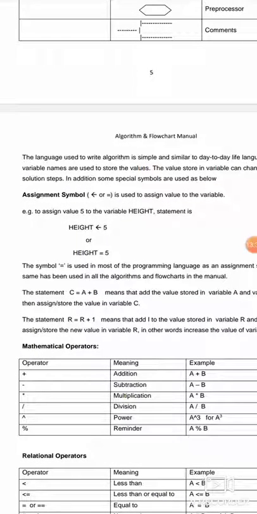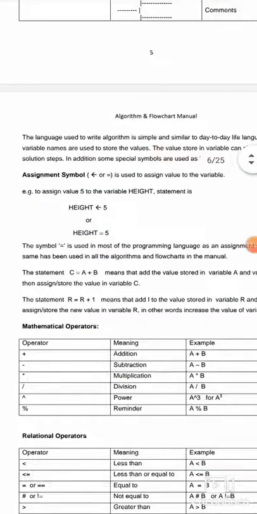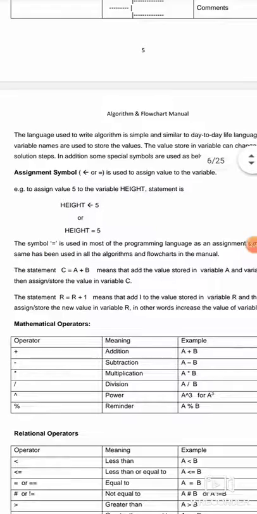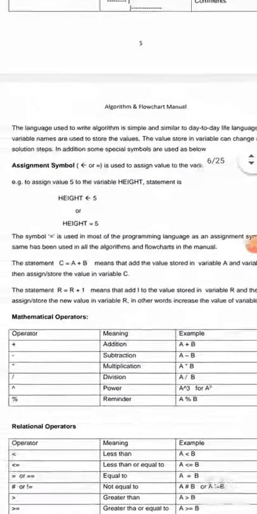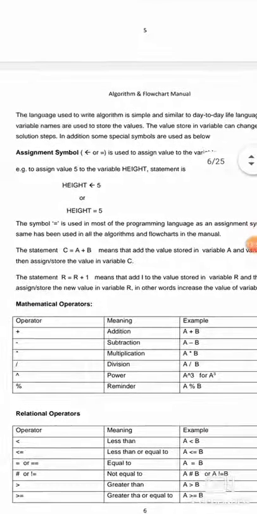This is a statement we're going to write. In the same way, equals to is used in most programming languages as the assignment symbol. For example, what is your weight? If the question is given like that, weight is a variable, so called because it varies from person to person and the value will change.